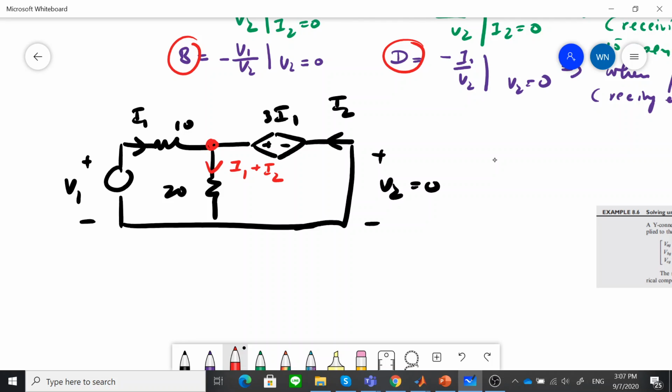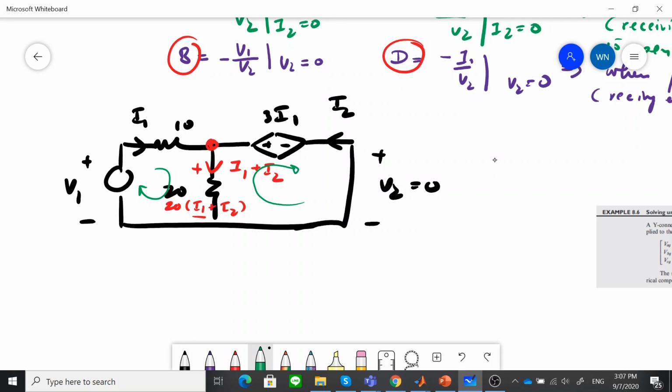Now you could see that the voltage drop across this 20 ohms, if you know the current flowing is this much, so the voltage is what? It is 20 times (I1 plus I2), right? So now you could do the KVL around these two loops.